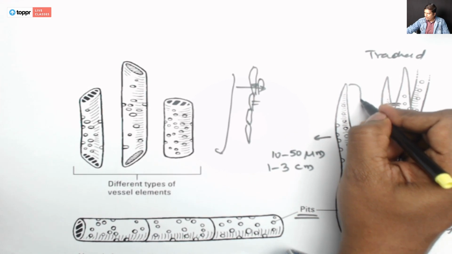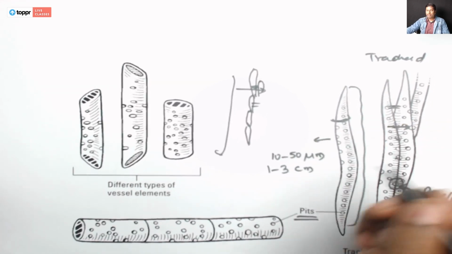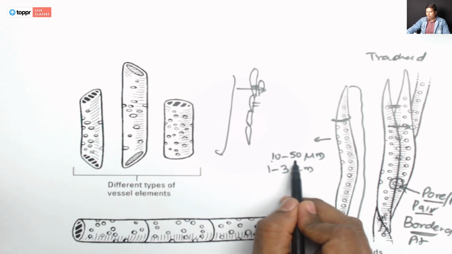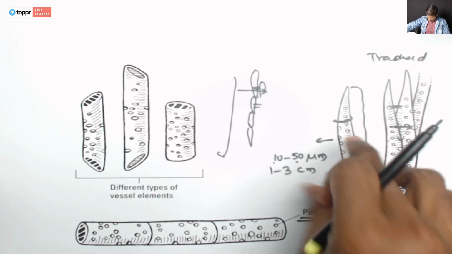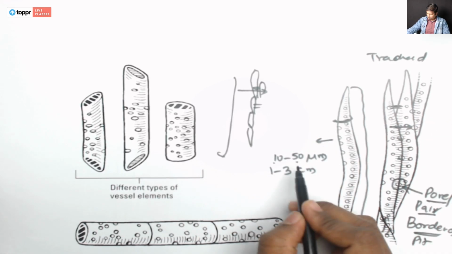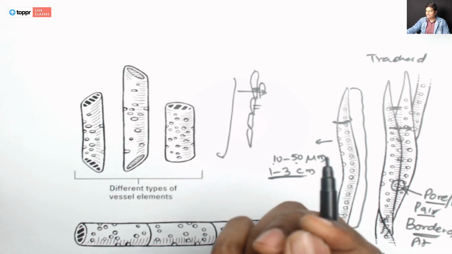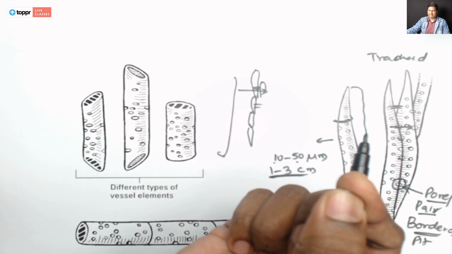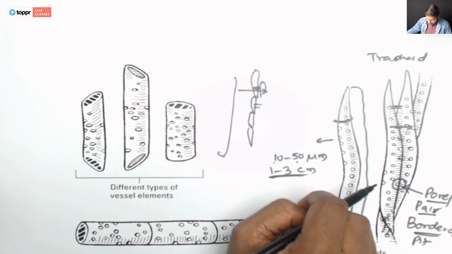The diameter is very, very small. You will be able to see the cells because the length is close to 1 to 3 centimeters. So yeah, this is about the tracheary elements.